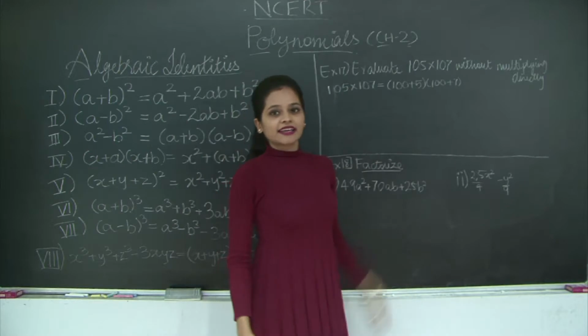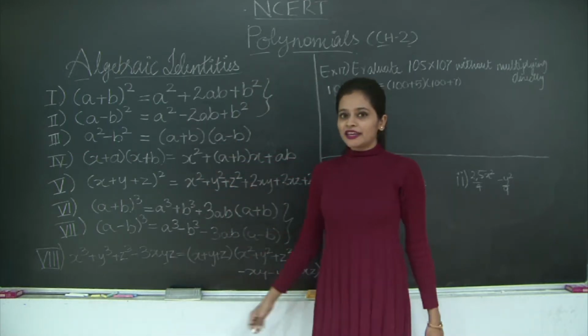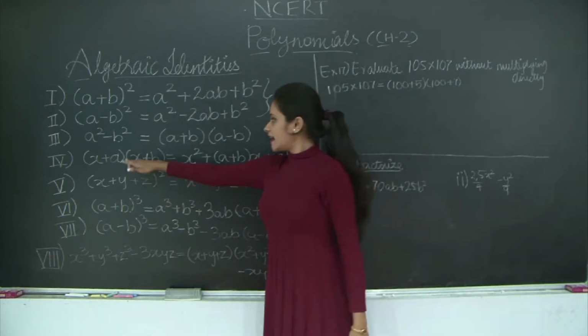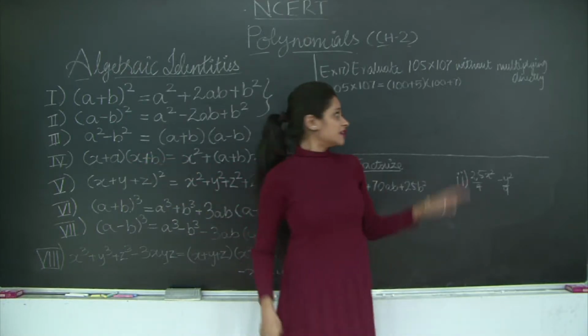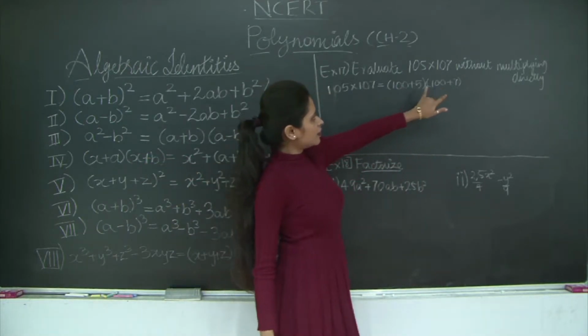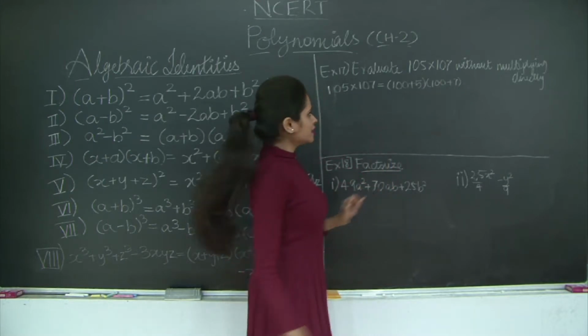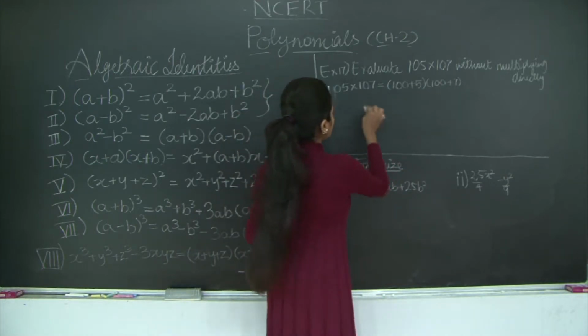Does this resemble any identity? Take a look. Yes, it does resemble the fourth identity, x plus a into x plus b. X is the same here, a and b are different, right? So let's write the formula first.